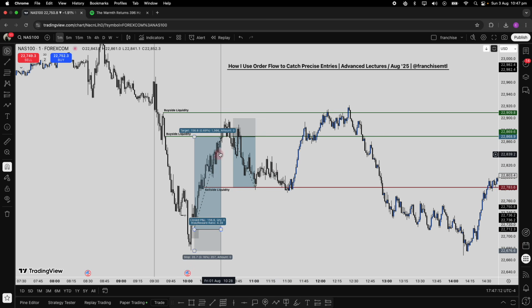Now, understanding this, you can separate this into two moves. You can target this as your first trade, and you can short the reversal expecting the move lower before the move higher again. Now, this may seem very cherry-picked.